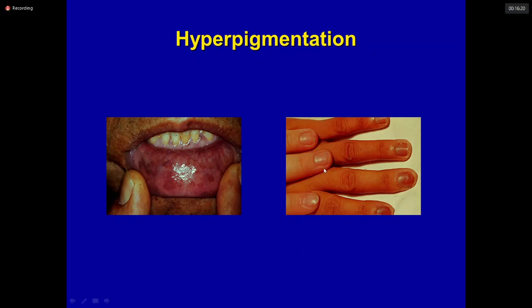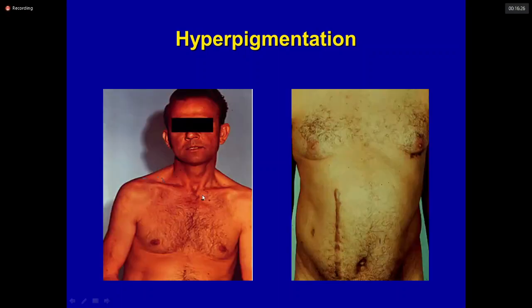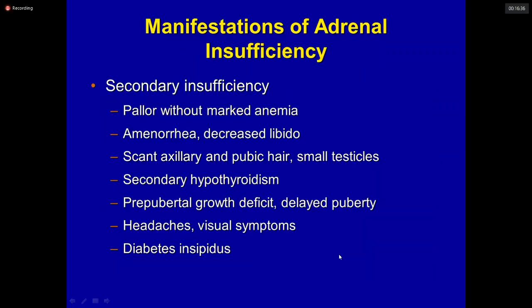The hyperpigmentation is evident, usually more visible in the knuckles. This picture shows general hyperpigmentation, which has a bronze-like appearance, and in recent scars there may also be hyperpigmentation. These are the manifestations of primary adrenal insufficiency that we discussed.